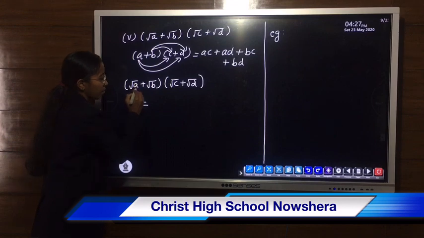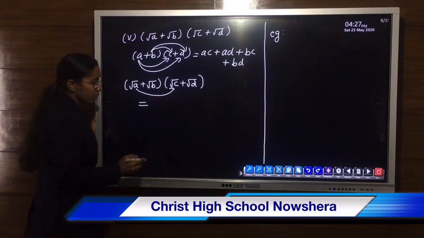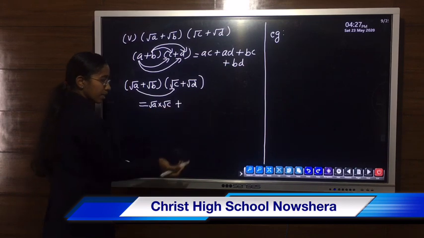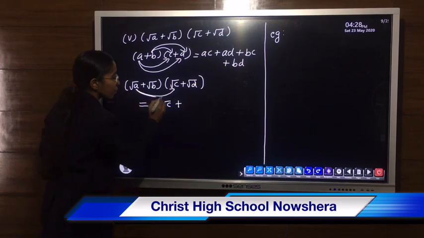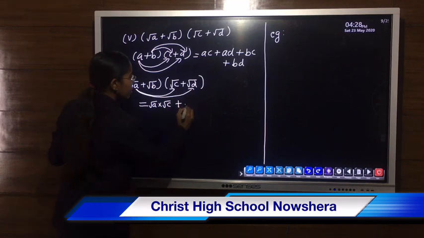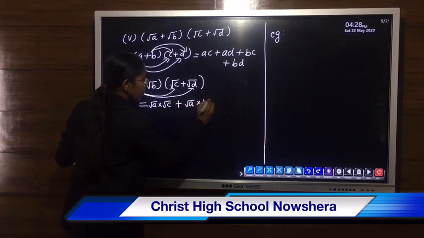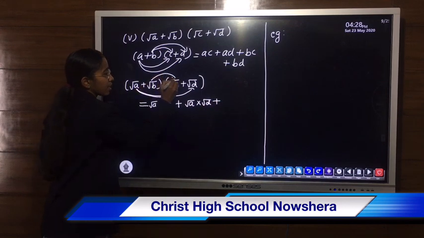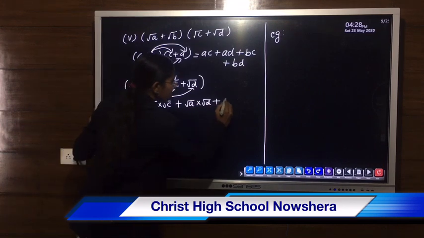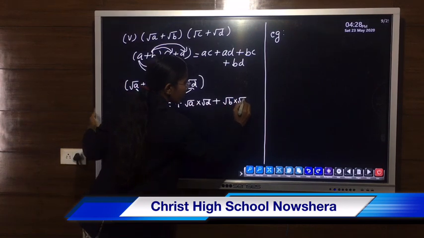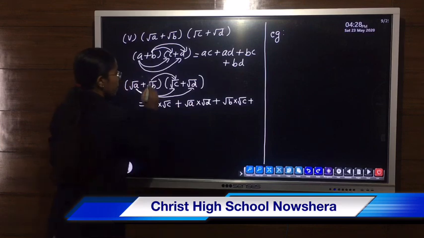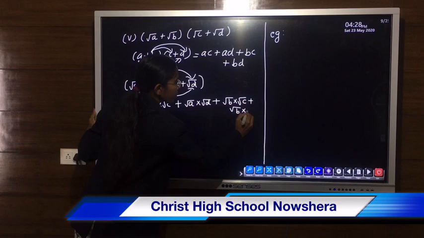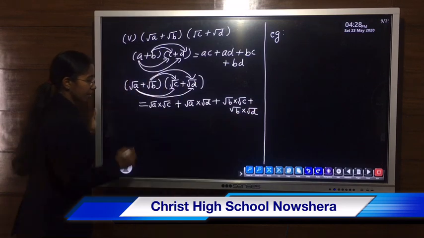So first we are multiplying root a into root c, that is root a into root c, plus again root a with root d, that is root a into root d, plus then the second term root b into root c plus root b into root d.